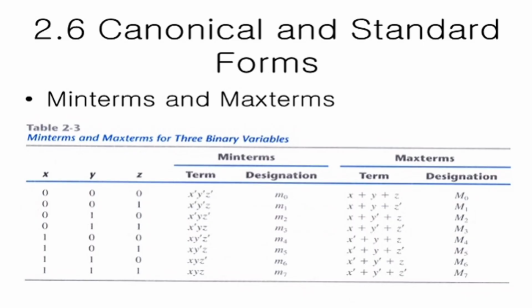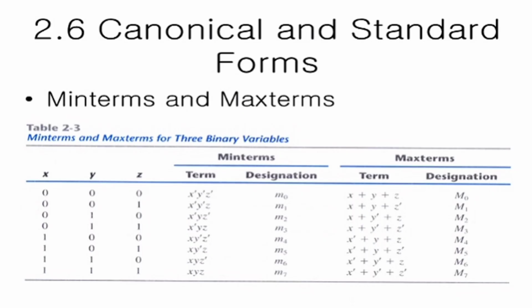So if it is a minterm, how to represent the minterm? The minterm is the variables represented in terms of product. Since X, Y, Z is 0, 0, 0, if it is 0 you have to write it as X bar, Y bar, Z bar. Similarly, for 0, 0, 1, you write X bar, Y bar, Z. For 0, 1, 0, X bar, Y, Z bar.